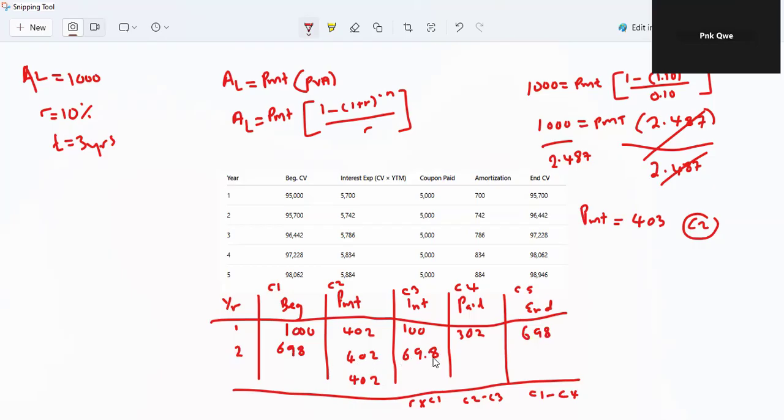So 402 minus 69.8. What do you get here?